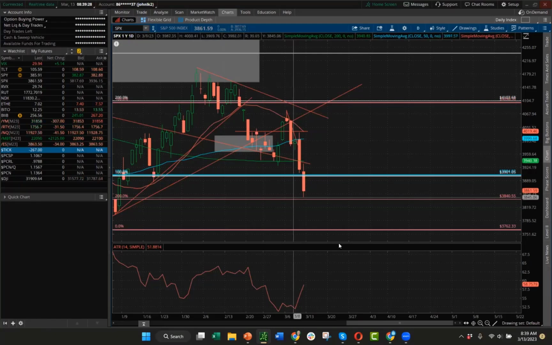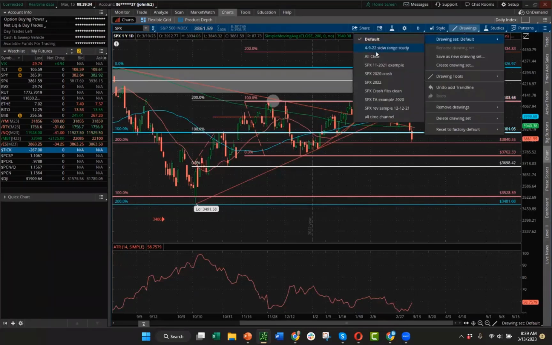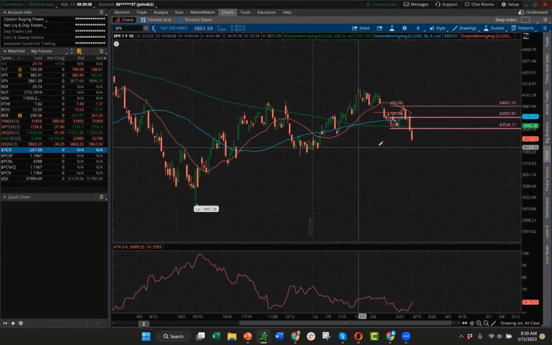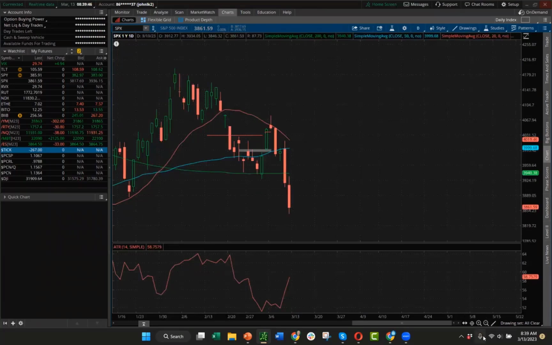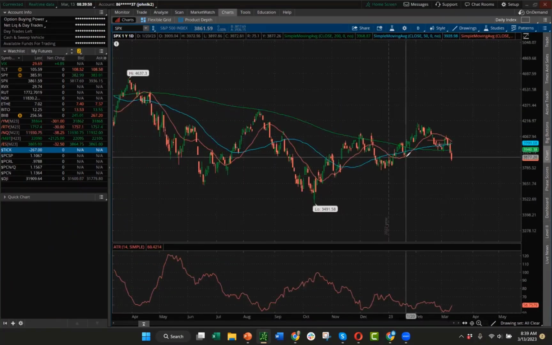Down to where? Well, let's shift out into our clear drawings for a second. We've got a couple of patterns going on here. We have arguably a head and shoulders pattern here, a head and shoulders breakdown pattern.